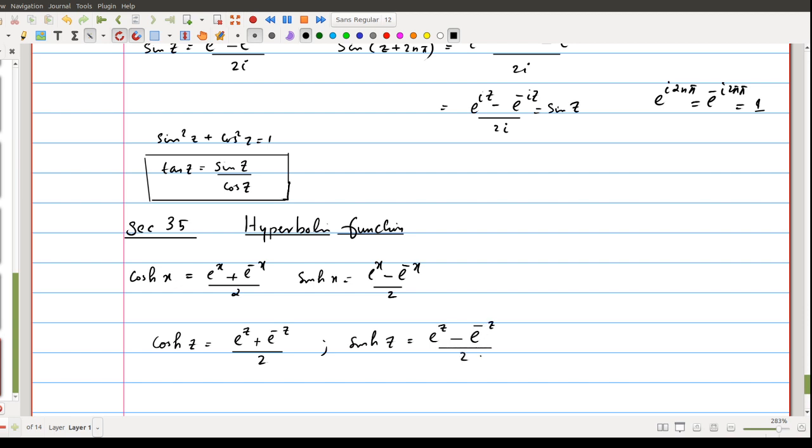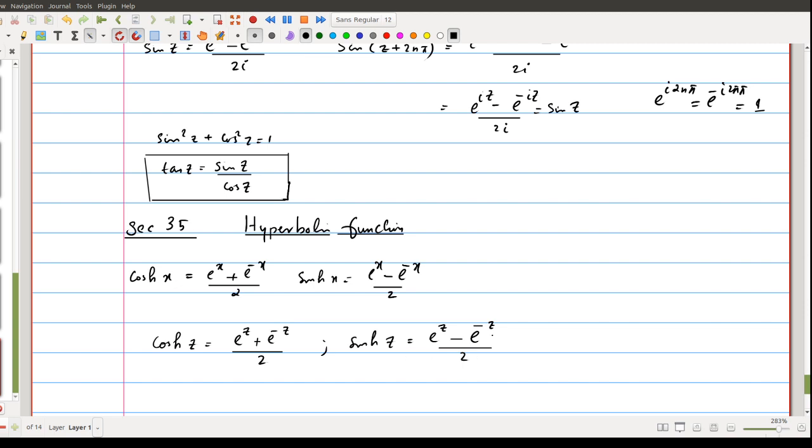One thing you should remember is that if you consider cos z, we have e to the power iz rather than z. In hyperbolic functions we have e to the power z only, and the denominator is 2. But in the case of sin z, in the complex trigonometric function, here we have e raised to iz, and here e raised to minus iz, divided by 2i.